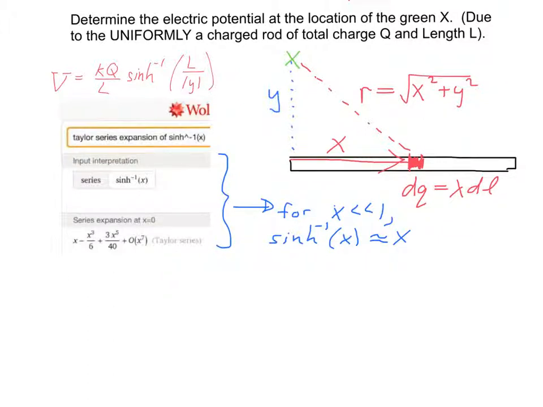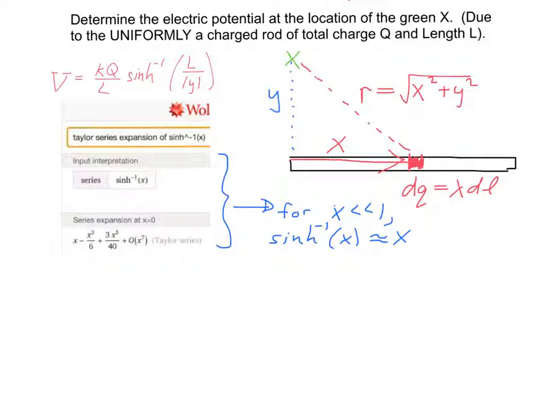Now look at this. For x much, much less than 1, x cubed and x to the 5th are going to be even smaller compared to x. So for x much less than 1, all those terms will be negligible compared to x. And so in that limit, the inverse hyperbolic sine of x is approximately just x.